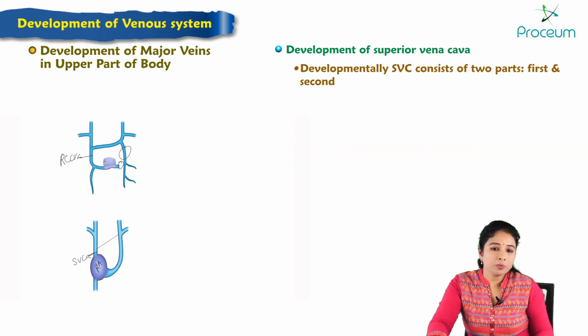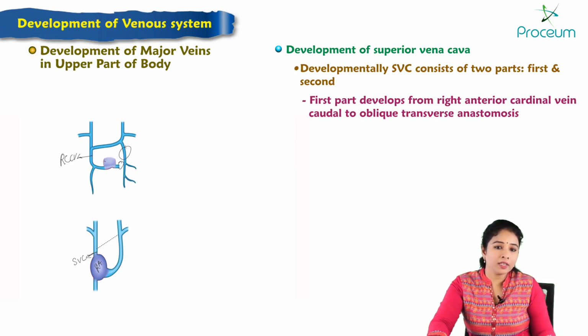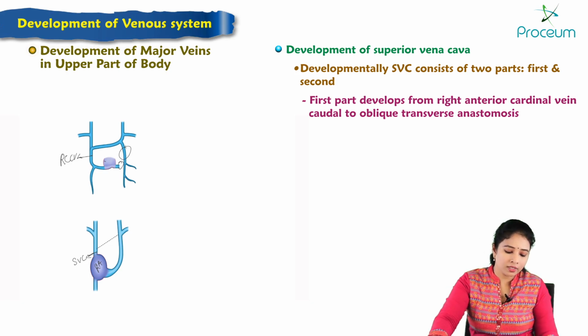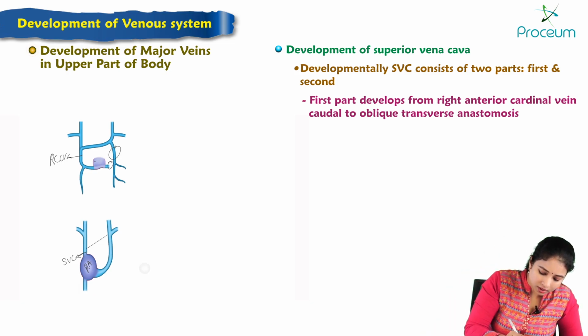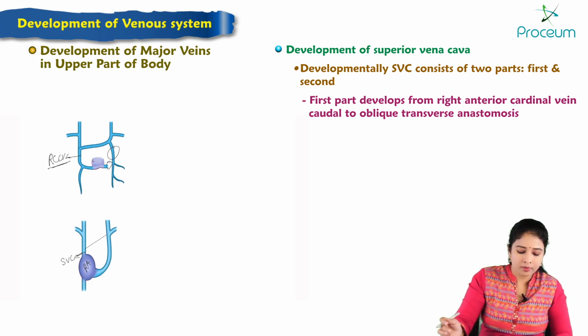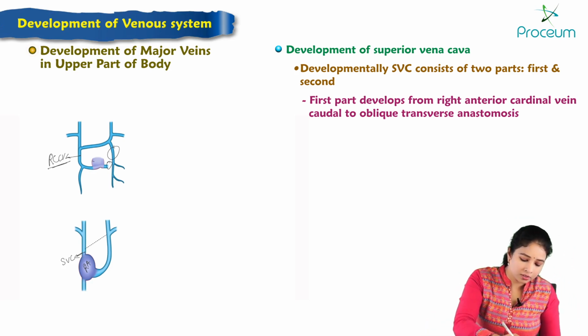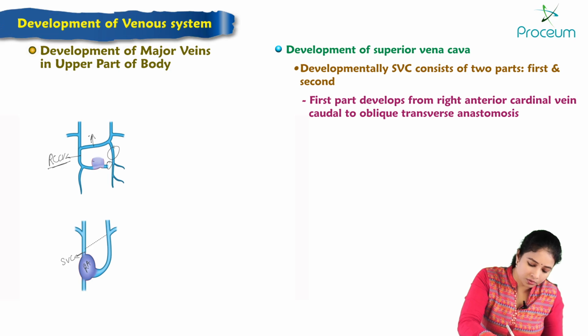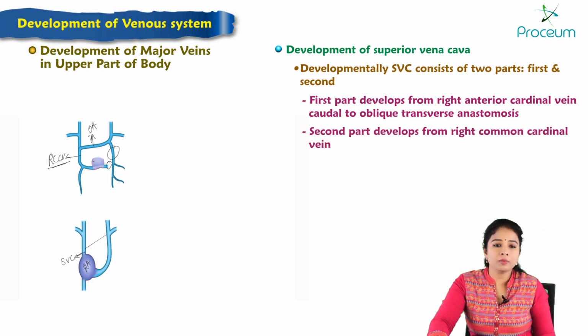So developmentally, the superior vena cava consists of two parts. The first part develops from the right anterior cardinal vein caudal to the oblique anastomosis. So this one is the right anterior cardinal vein caudal to the oblique anastomosis. So this is the oblique anastomosis. And the second part develops from the right common cardinal vein.